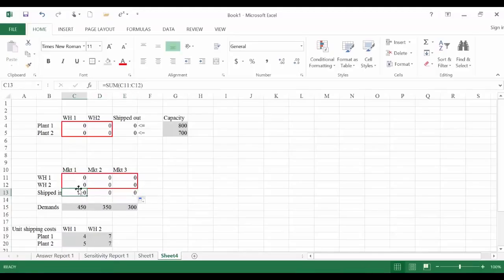The total amounts shipped into the different markets should be larger than or equal to the demands in the markets. Then for each warehouse, please pay attention. There are additional constraints here, which will help us minimize the total shipping costs.